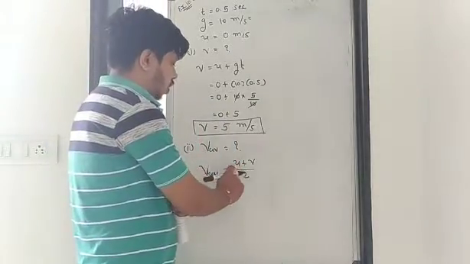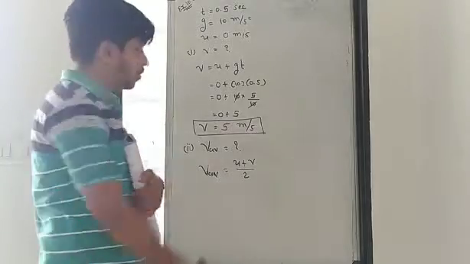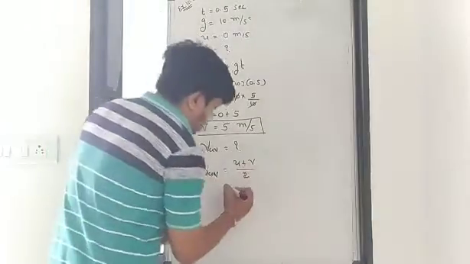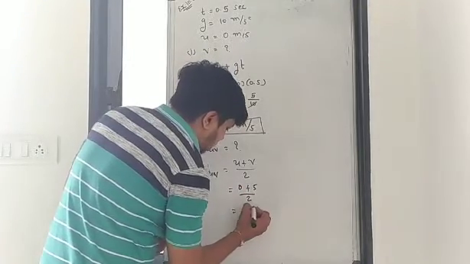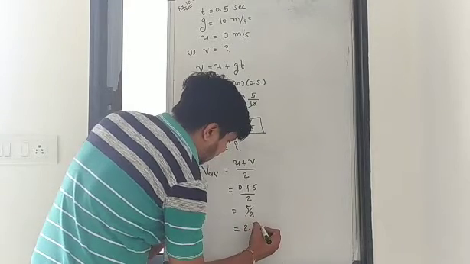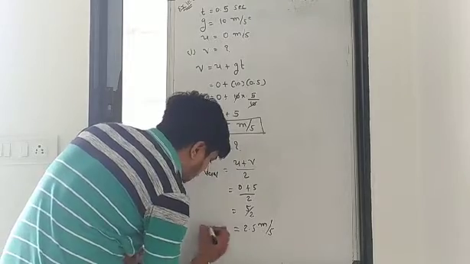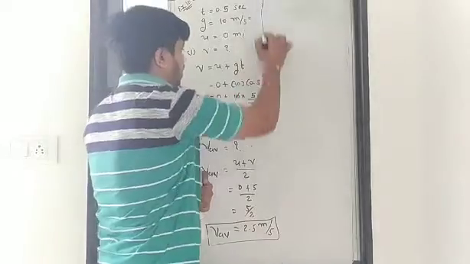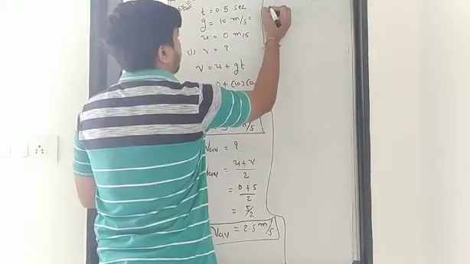Means there are two velocities u and v, the initial plus final velocity divided by 2, because there are two terms, u and v. So here 0 plus 5 divided by 2. 0 plus 5 is 5 by 2. So it gives you 2.5 meter per second. So it's the v_av. Now here is the second answer. Now the third one. What is the third one?